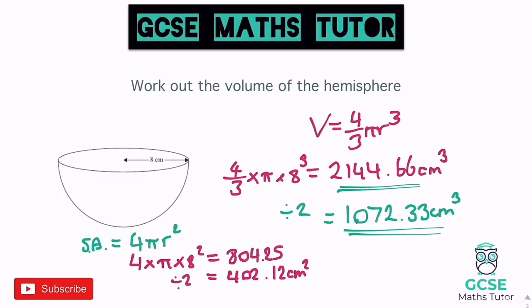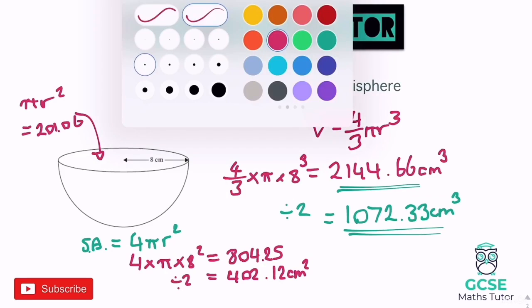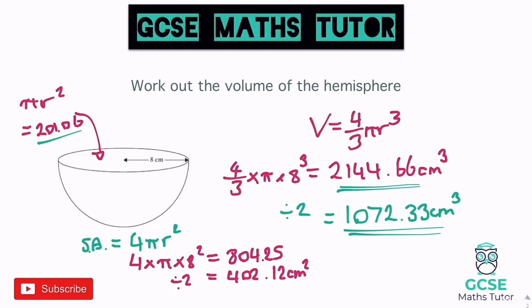But if you're working out surface area, you've got to make sure you don't forget as well the circle sitting on top there, because it's the total surface. And the area of a circle is pi r squared. So we can work out the area of the circle as well. And if we just do that, pi times 8 squared, we get an area of the circle there of 201.06, and you would just add these two numbers together to get the total surface area.